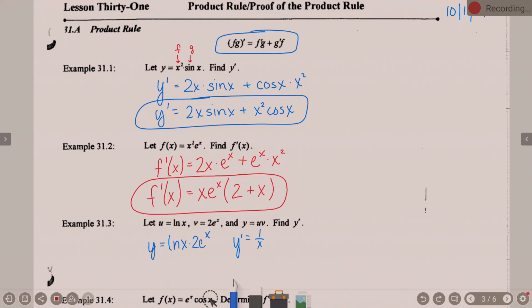And then we're going to say, what? Times 2e to the x, so she's keeping that second part. Okay, good, so derivative of the first, keep the second, and then plus, good. Okay, keeping natural log of x this time, and derivative of 2e to the x?